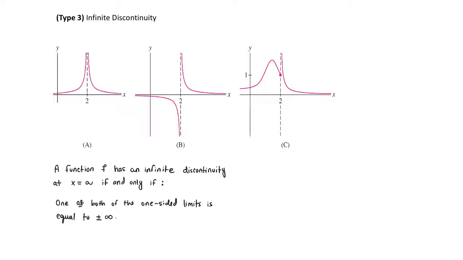So, for example, if you were to find that the limit as x approaches a from the left of f of x is equal to positive infinity or perhaps negative infinity, this is enough to say that the function has an infinite discontinuity at x equals a. And not only that, the line x equals a becomes a vertical asymptote.